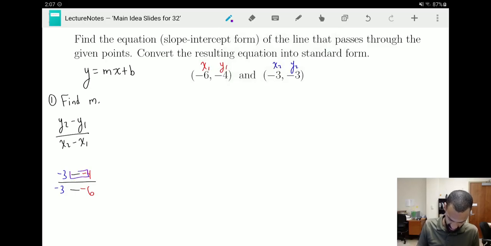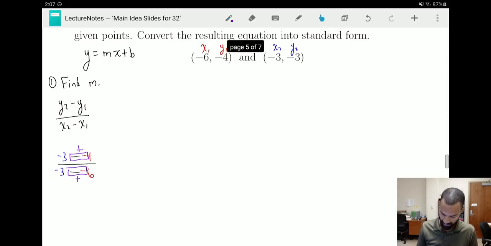So we have double signs here, plus double signs here, that's a plus. So really that's negative 3 plus 4, which would be 1, and negative 3 plus 6, which is 3. So our m is 1/3.